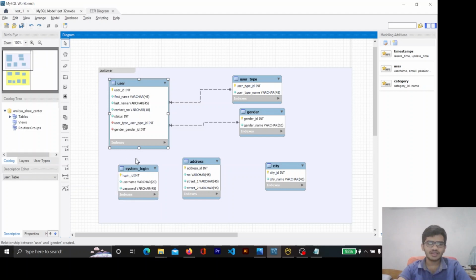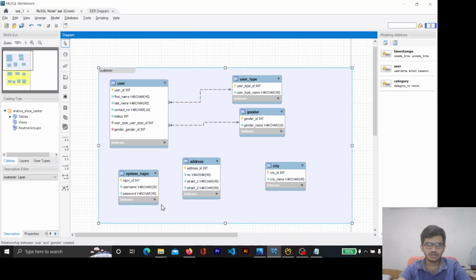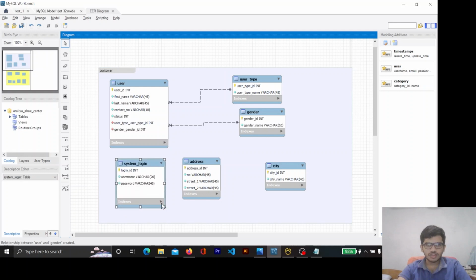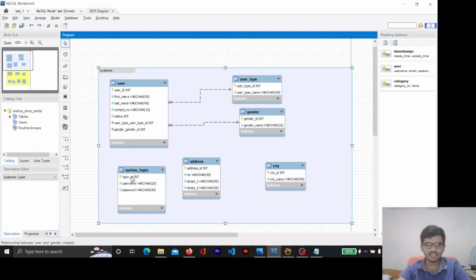So from both sides, this looks like a one-to-one relationship. If we put the user ID into the system login table, we could easily retrieve data between these tables.